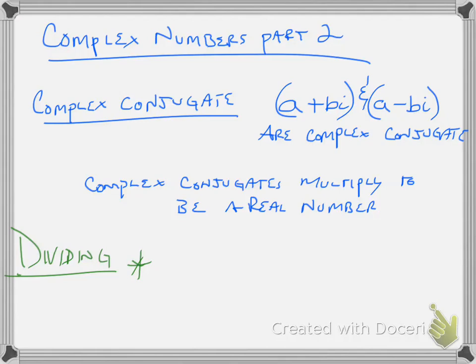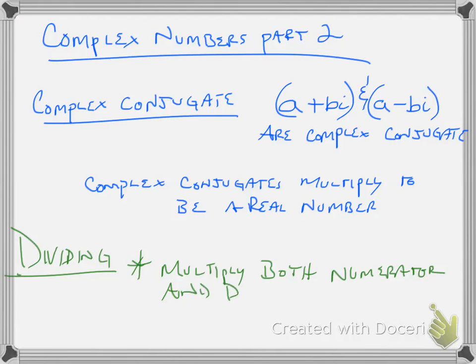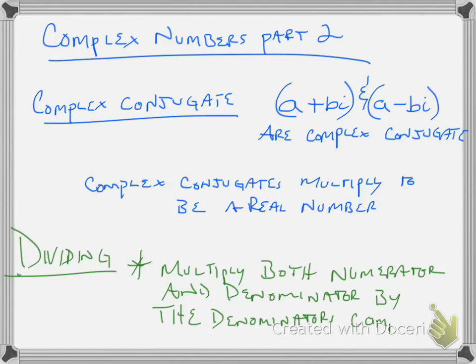So what you're going to do is multiply both the numerator and denominator by the denominator's complex conjugate. And what that will do is eliminate the i in the denominator, so now you're allowed to leave it in that simplified form.